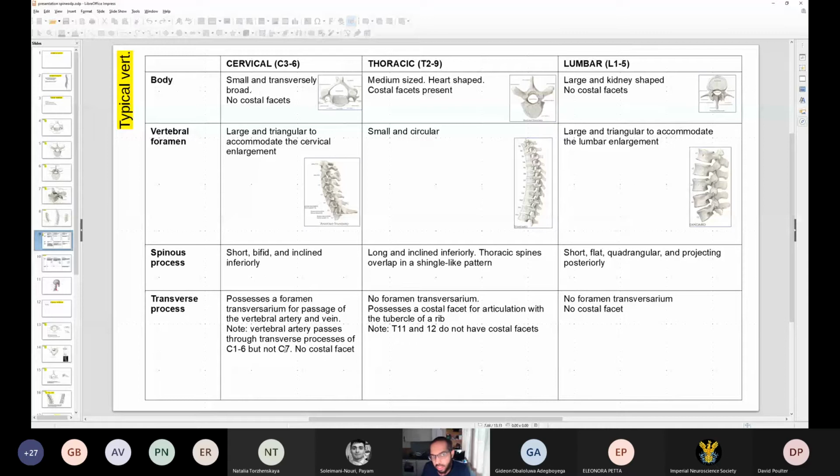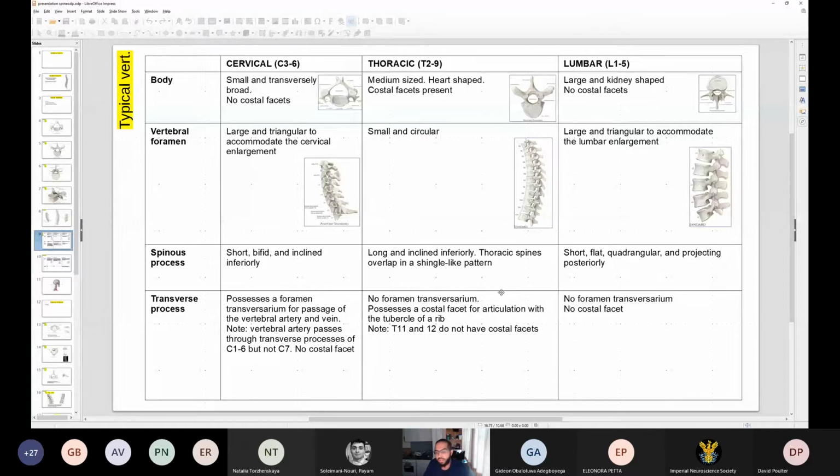So it bypasses the transverse process in the 7th vertebra, and starts passing through the transverse processes when it reaches C6. The lumbar and thoracic vertebrae don't have transverse foramina or openings in the transverse processes, and they don't have vertebral arteries going through them.